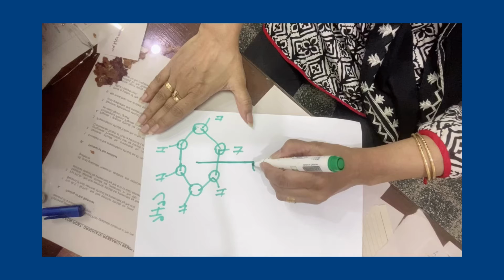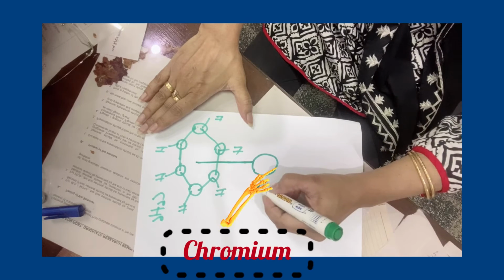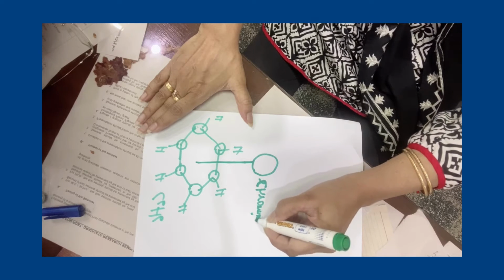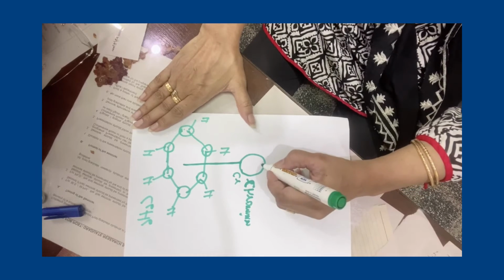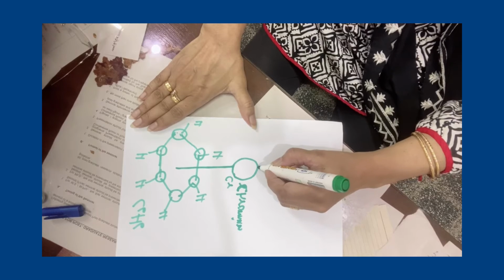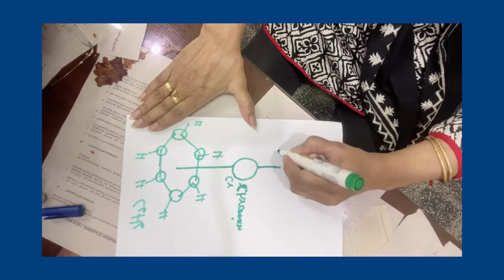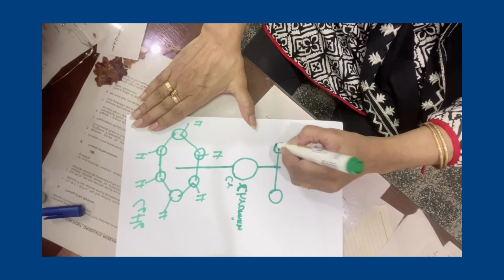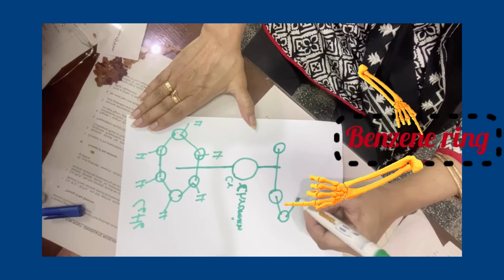What I'm going to do here is draw chromium, that is Cr, bonded again to another benzene ring.